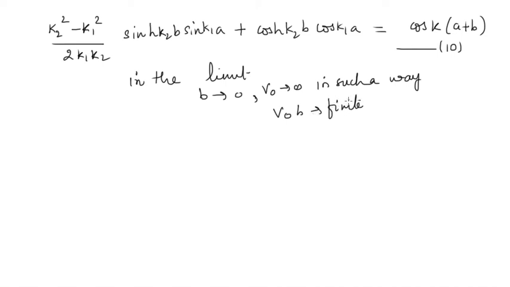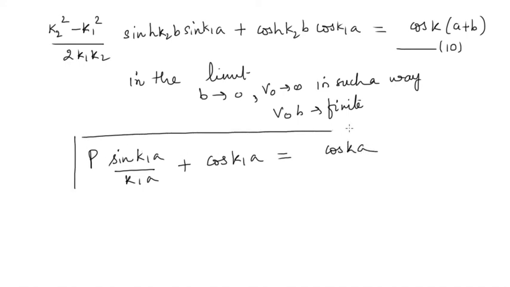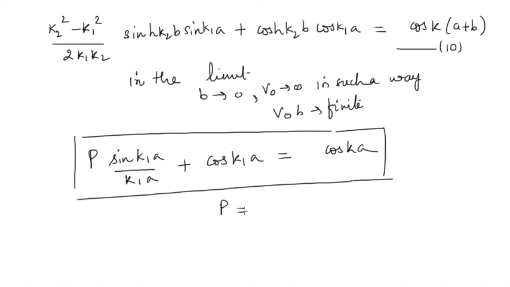In this limit, this equation reduces to a very simple form, that is P sine k1a upon k1a plus cos k1a is equal to cos ka, where P is m v0 ab upon h cross square.